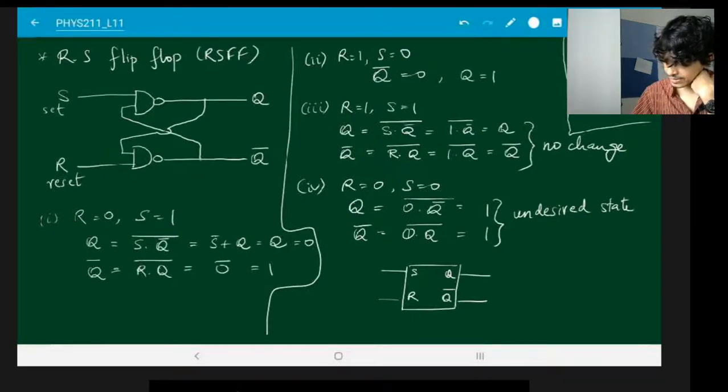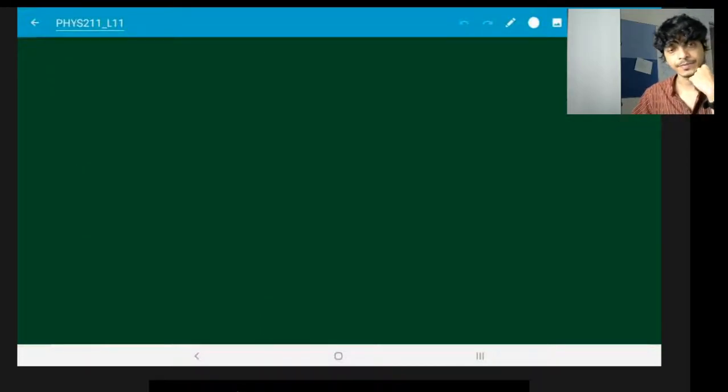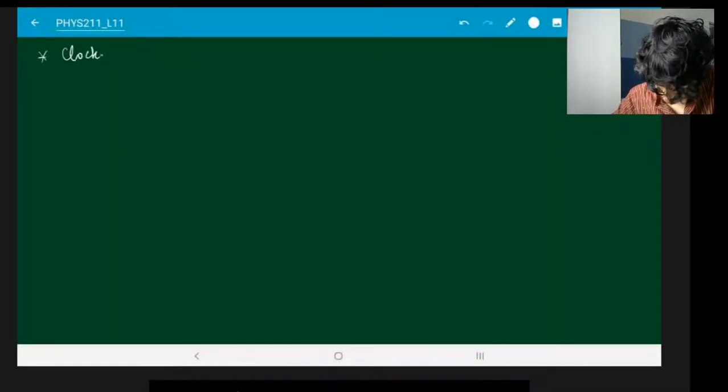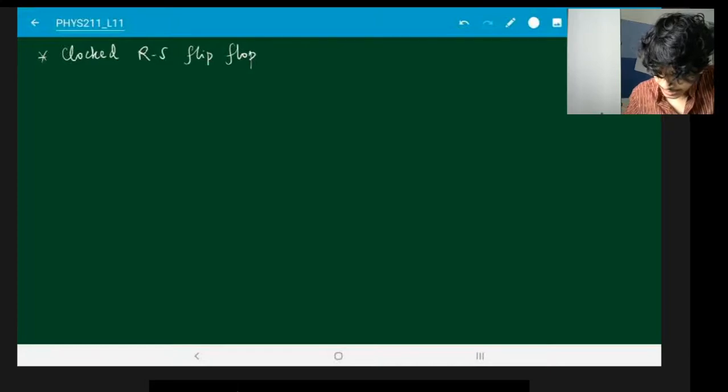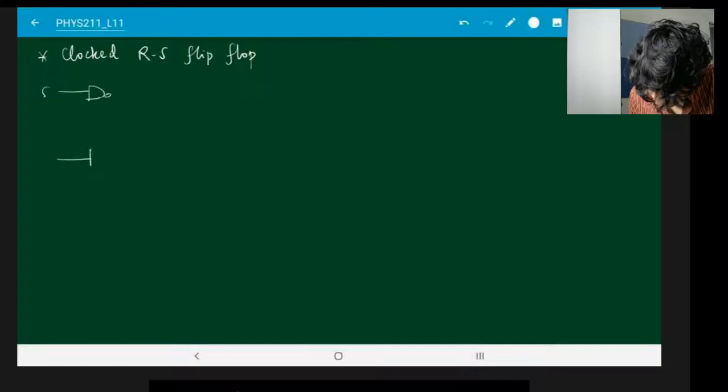Okay, so the next thing that I want to talk about is a slight variation of this RS flip-flop, and this is called the clocked RS flip-flop. In this one, I have two NAND gates. There is also a third kind of signal called the clock.